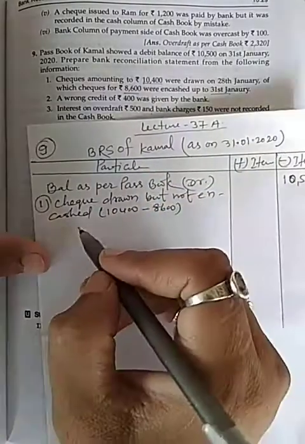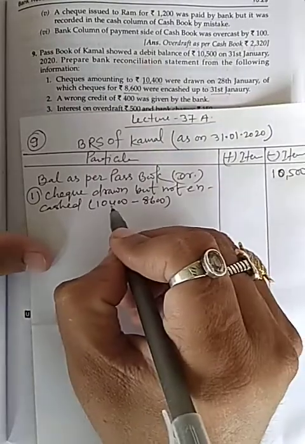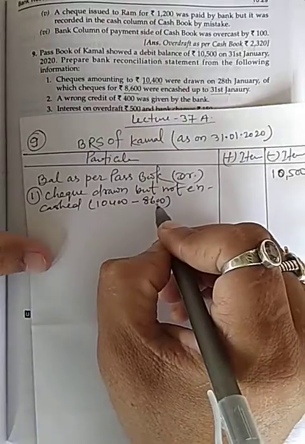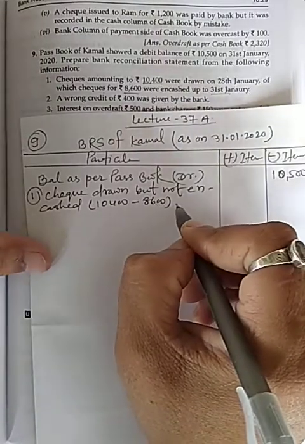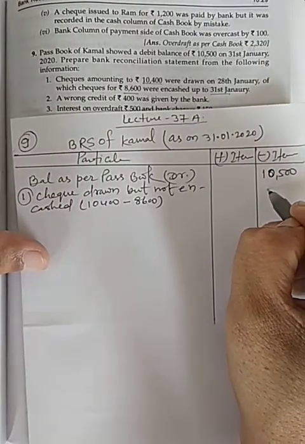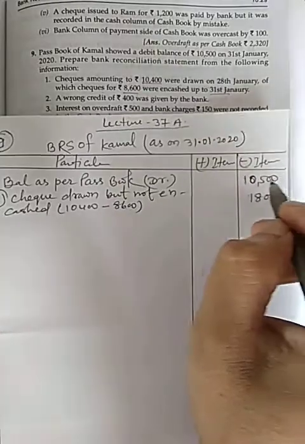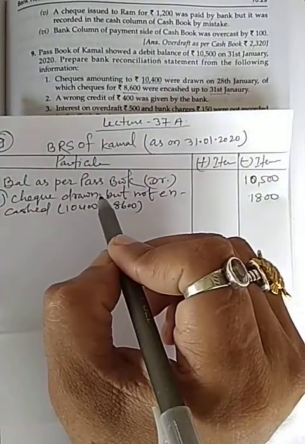So I will write remaining balance 1800, and it will be in minus side because passbook is opposite.